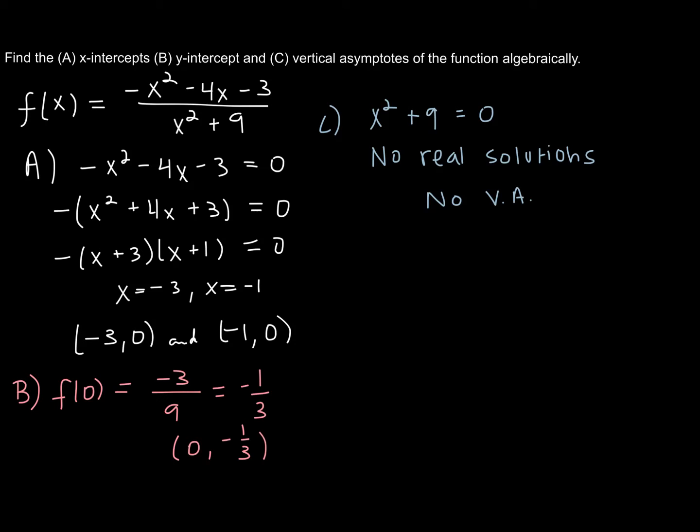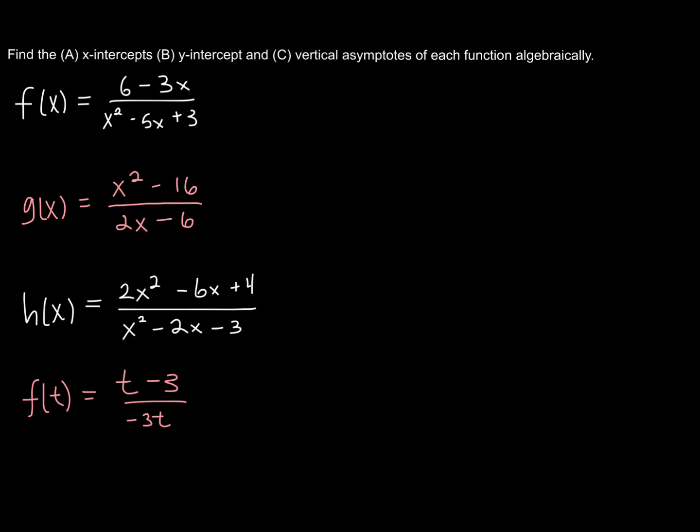Let's go ahead and get some practice with finding these 3 components. What I'd like you to do is copy each of these down and find the x-intercepts, y-intercept, and vertical asymptotes of each of these functions. If you want a little extra practice, once you've found those, sketch a little xy coordinate plane and mark down the information that you know, and think about what's happening as you approach those asymptotes.